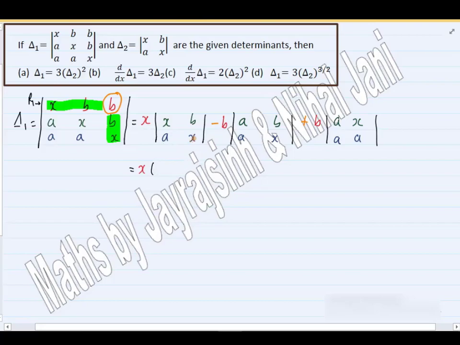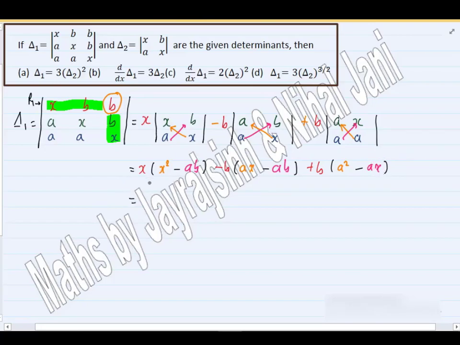x will stay as it is, x into x will give us x square minus a into b will give us ab, then minus b stays as it is, ax ax minus ab ab, and plus b stays as it is, a into a will give us a square minus a into x will give us ax.